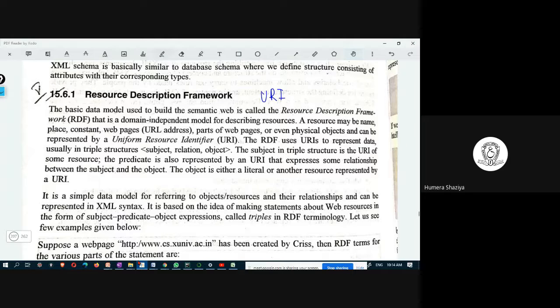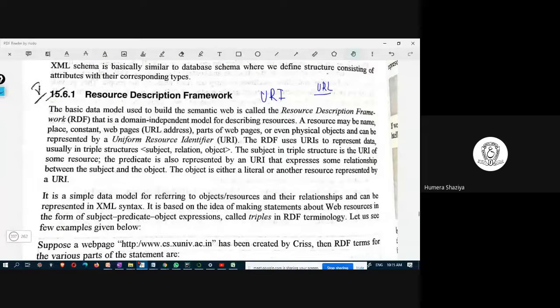You might have learned about URL. URL is Uniform Resource Locator. URL includes the domain name and a folder or a directory and the file name. That is a URL. URI is a superset.